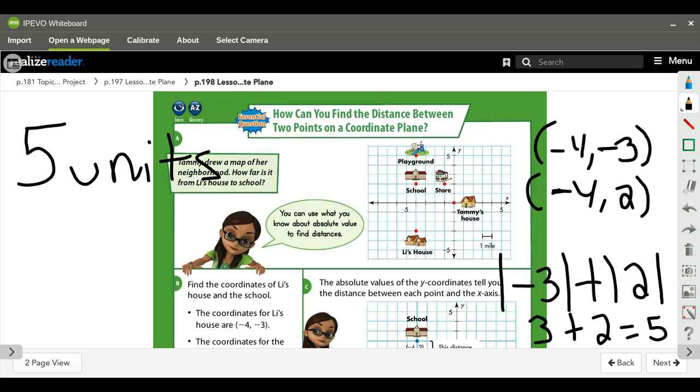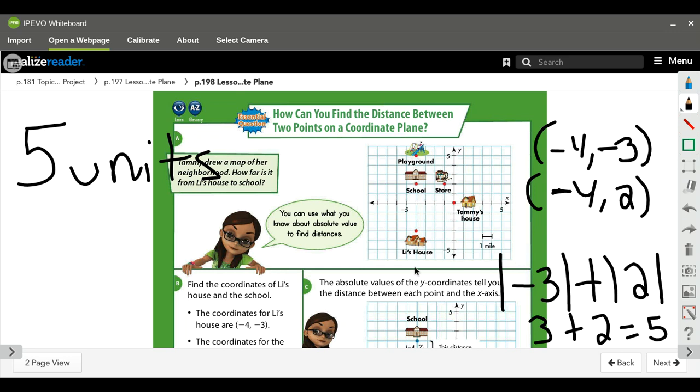Distance is always a positive value. So when we do this, I don't actually need a coordinate grid to identify the distance between 2 points. In fact, a lot of times, because it's very easy to miscount on a coordinate grid, the absolute value is going to be more reliable than going through and counting those points.